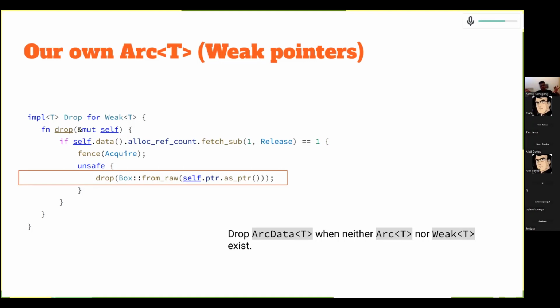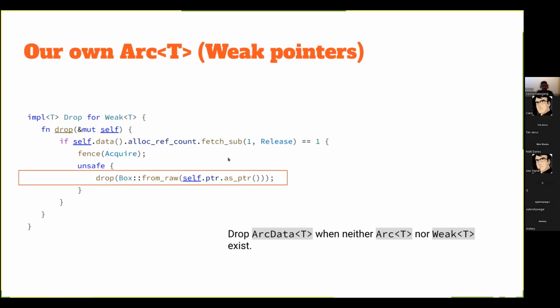Weak pointers existing means there is a valid pointer to ArcData, whereas an Arc clone exists as long as the pointer to T itself exists. So this alloc ref count, if you remember, is a combination of both Arc and Weak references. When this count is 0, it means there is no Arc out there and no Weak out there, so we can safely deallocate the ArcData itself.